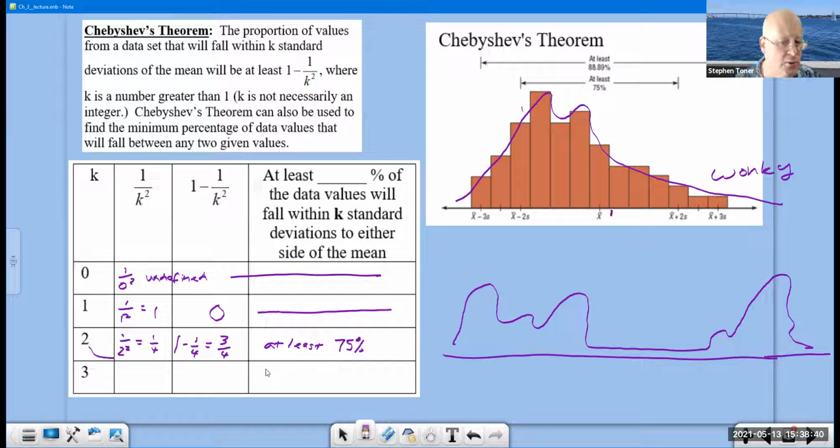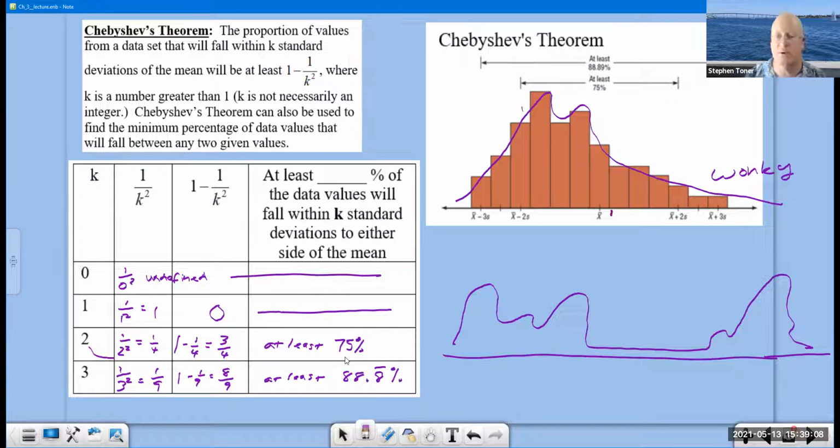And if we go 3 standard deviations out, my formula would give me 1 over 3 squared. That becomes 1 over 9. And when I go 1 minus 1/9, I get 8 over 9. Now 8 over 9 is going to turn into at least 88 point repeating 8% of the data.